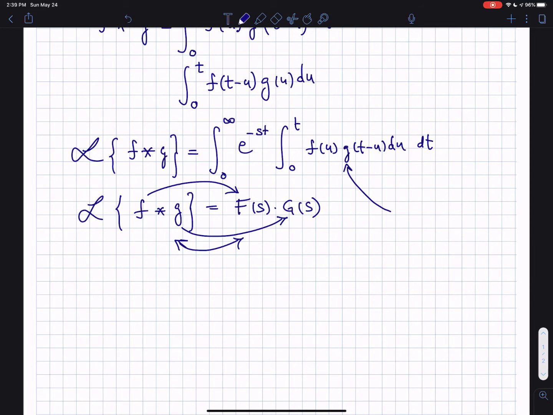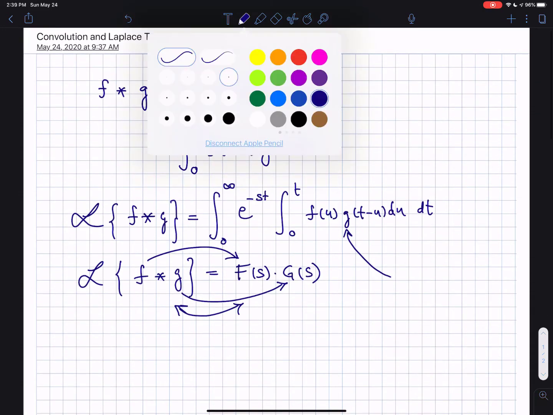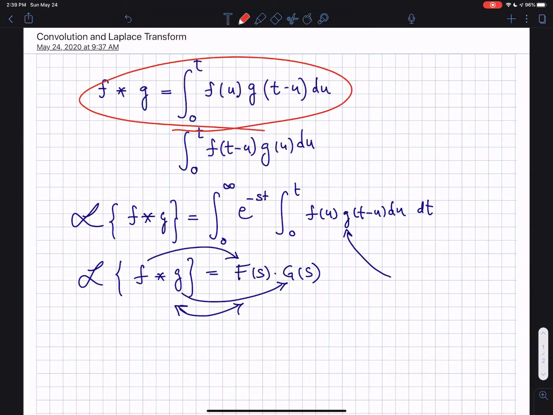That's why Laplace transform and convolution are interconnected in concept: Laplace transform takes a very boring formula in mathematics called the convolution, brings it to life, and makes it very applicable to sciences.